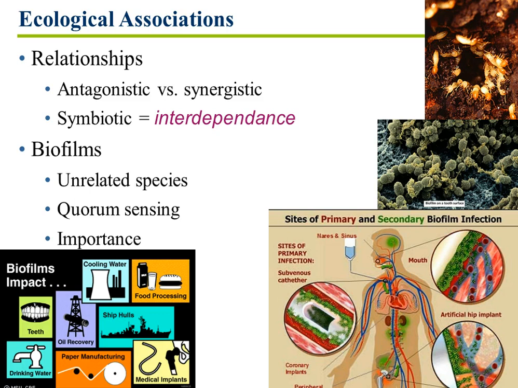So that's a synergistic relationship. Actually, it's symbiotic. They are dependent on each other. Some relations are antagonistic. We'll talk more about this when we get into flora in a later chapter.